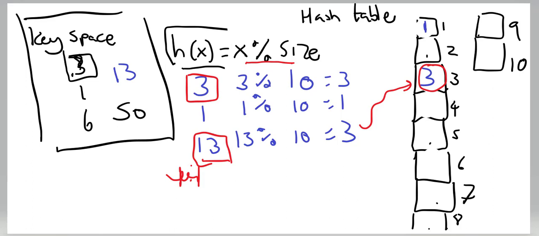So what we have at the moment is a collision, and that is a negative of using hashing with the mod algorithm. We are using this mod part of the algorithm to save space.